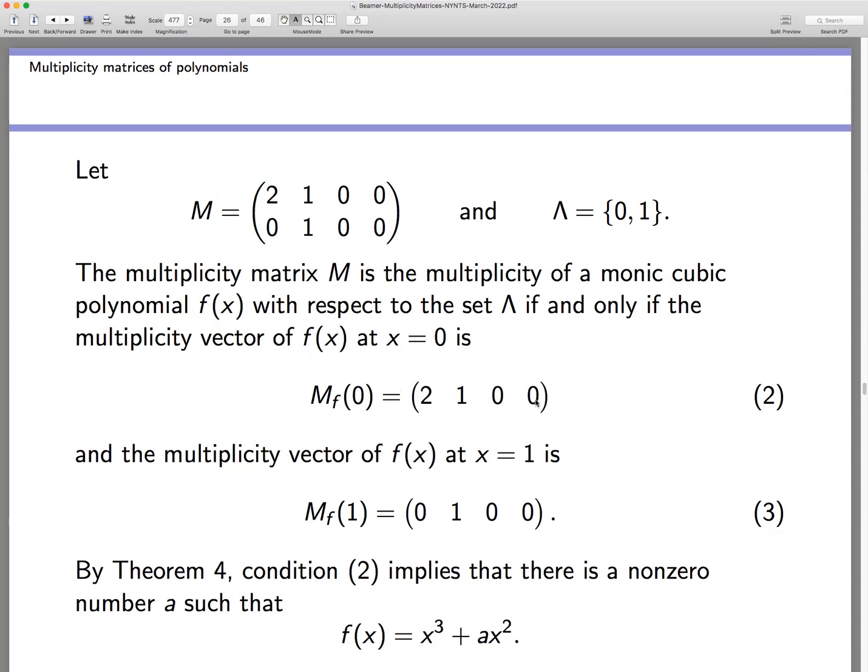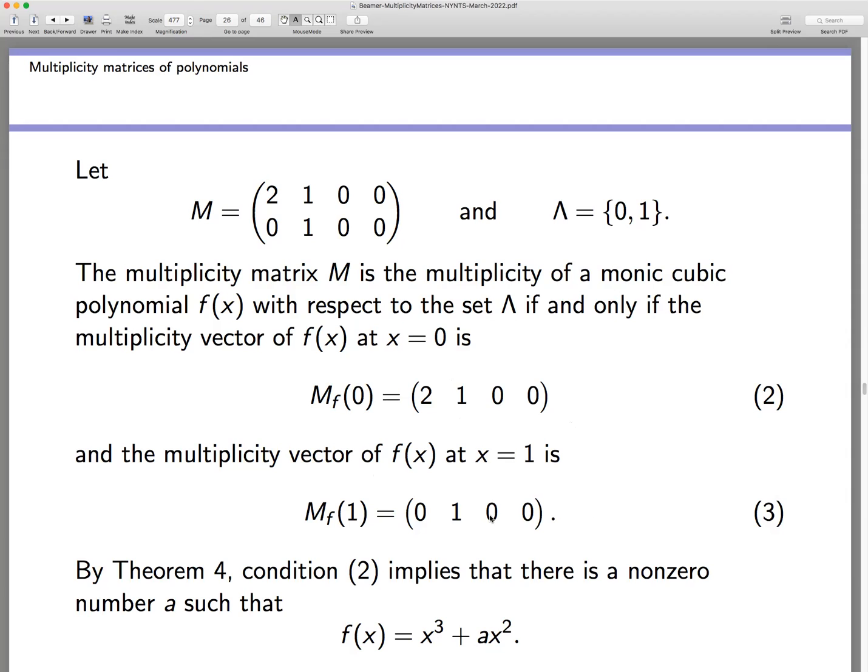The zeros in the vector give you the non-zero coefficients in the polynomial. A 0 here means that the cubic term has a non-zero coefficient, which I can make 1. A 0 here means that the quadratic term has a non-zero coefficient. Positive numbers here mean that the linear and constant terms of the polynomial are 0. So this polynomial has to be of the form x cubed plus a x squared. That's what this tells us.